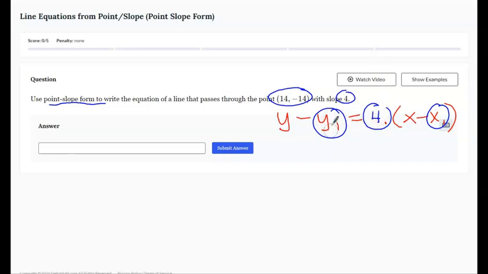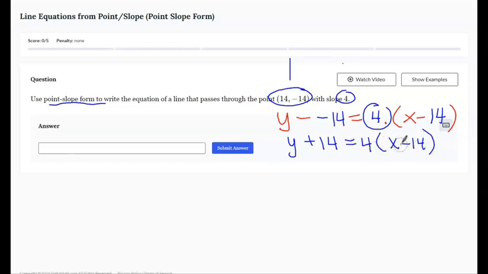and the points go in this order. The x coordinate goes at the end, so that's where my 14 will go. And then the y goes in the front, and that's where my negative 14 will go. Now the only thing I will say is if you have 2 minus signs in a row, that you can simplify that by writing it as a single plus sign.